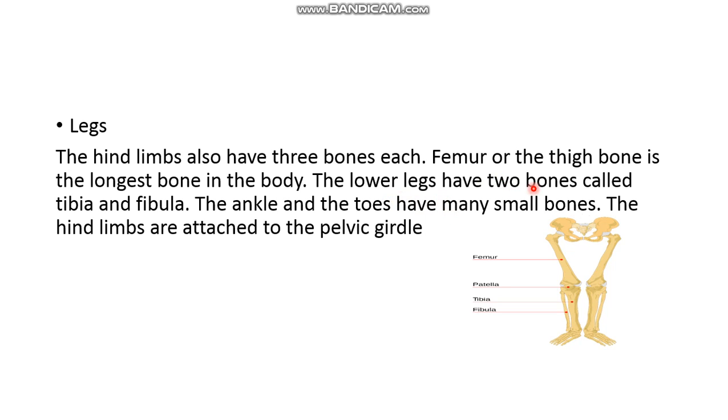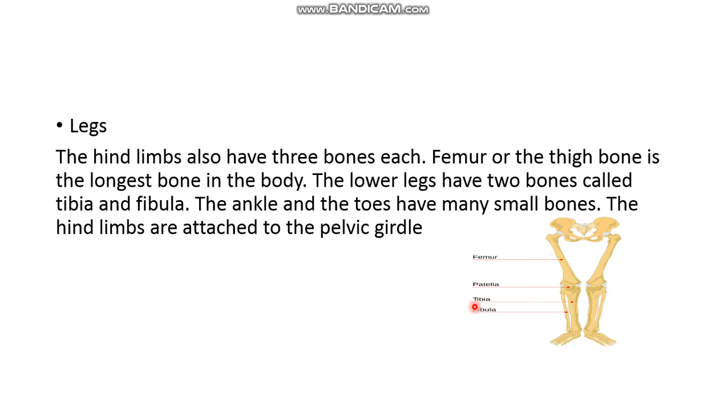The lower leg has two bones called the tibia and fibula. The ankle and the toes have many bones. The limbs are attached to the pelvic girdle.